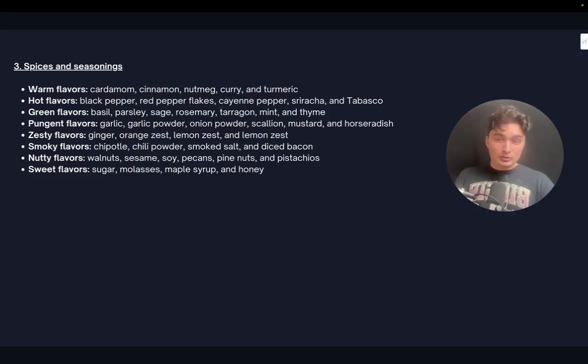Smoky flavors, chipotle, chili powder, bacon. Nutty flavors, sesame, pine nuts, pistachios. And sweet flavors, there's obviously sugar, maple syrup, and honey is a great additive to your Greek yogurt, for example. It's a great carb source for pre-workout, and it's going to make your meals taste better, which is important.